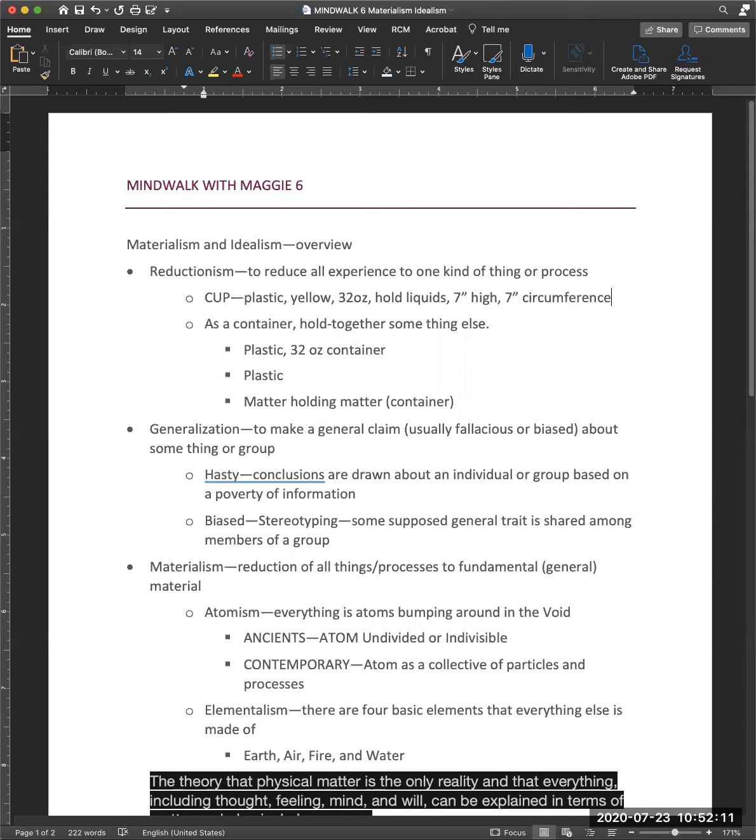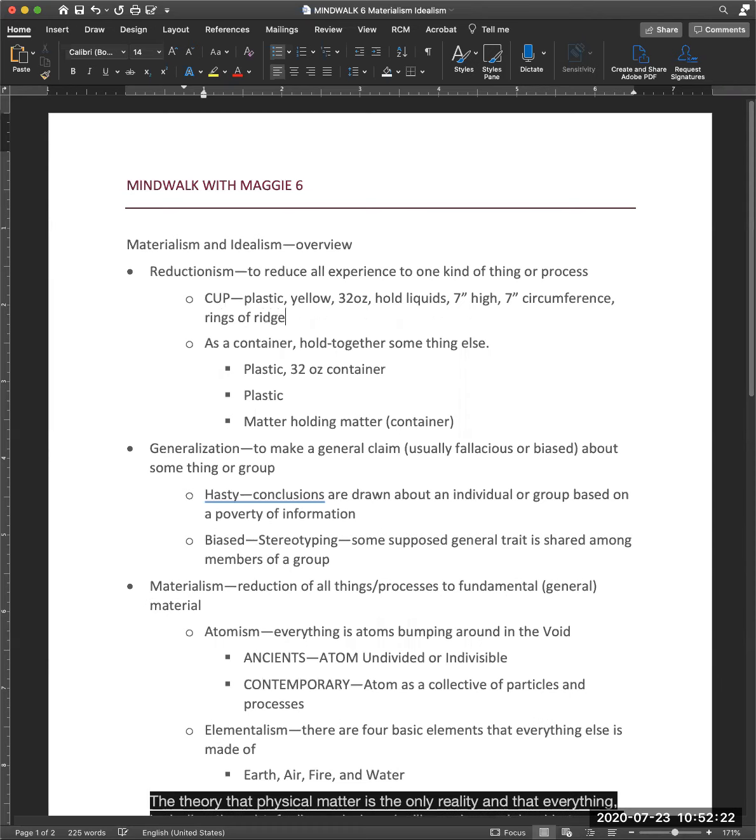So now we've said about as much as we can say. One more thing. Let's say that when you look at it, it has rings of ridges going from bottom to top to make for easier grip. All right.